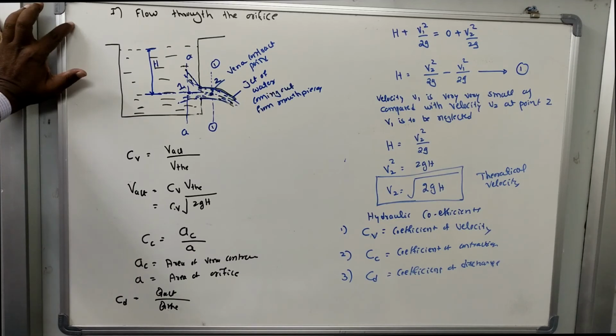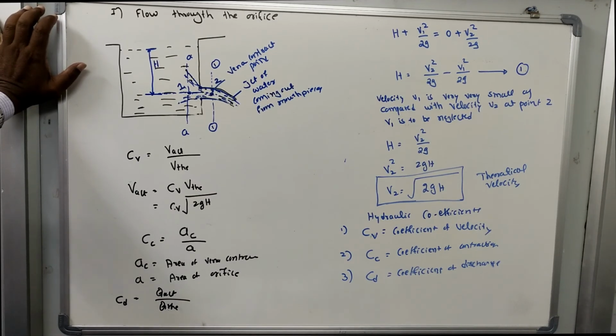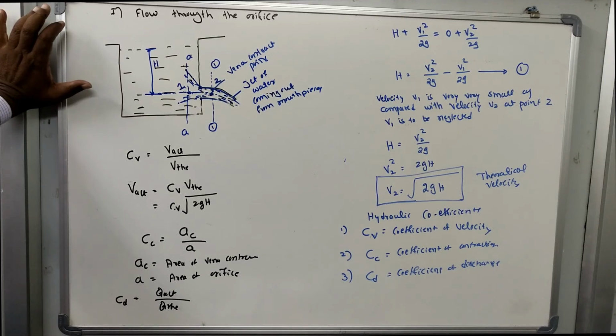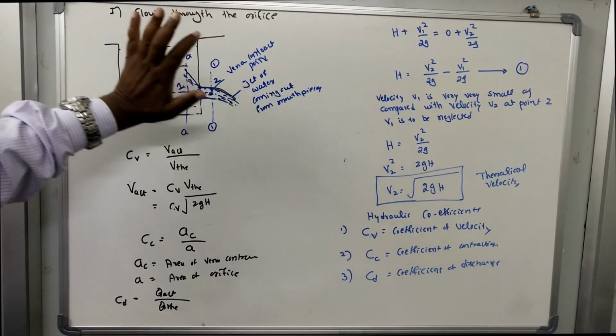Dear students, in the 5th semester, when you visit the fluid mechanics lab, you are supposed to conduct experiments on orifice, mouthpiece, notches of different shapes, weirs of different shapes, and also venturimeter and orifice meter. We will repeat these things once again then.